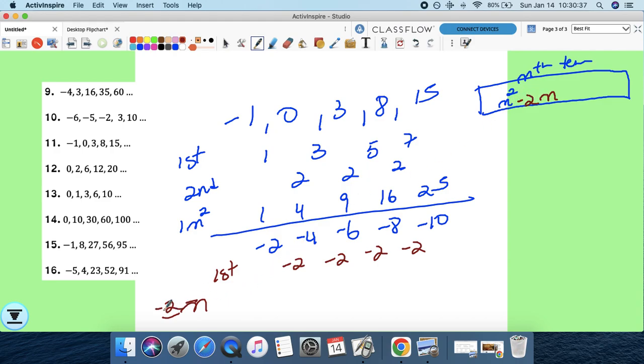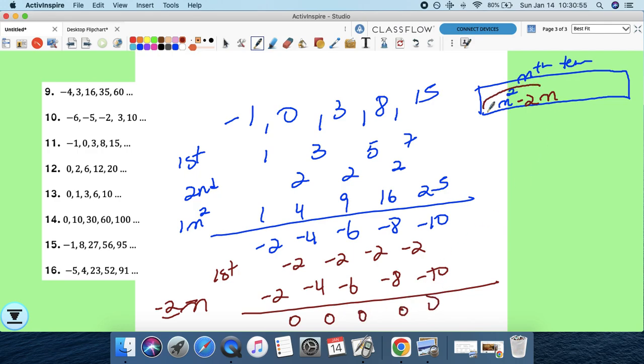Substitute 1, 2, 3, 4, 5, and you actually get the same numbers, so I don't have to make any adjustments. If you subtract this, you get negative 2 plus 2, and you get zeros. So that is our final answer.